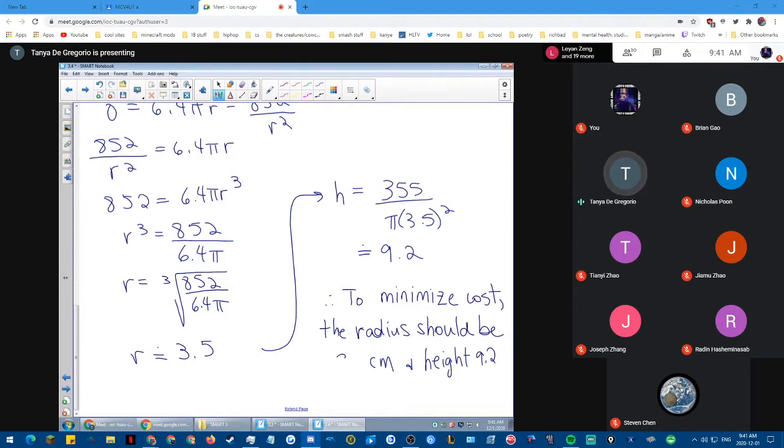The radius should be 3.5 centimeters, and the height should be 9.2. Cool?